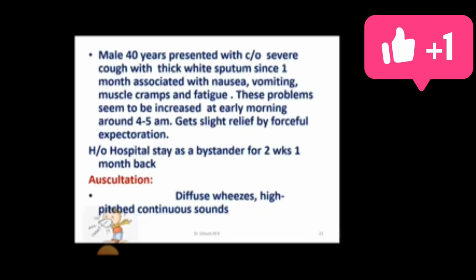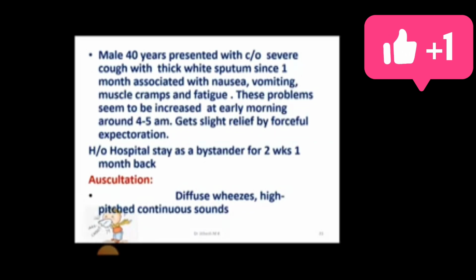A male, 40 years, presented with complaints of severe cough with thick white sputum since 1 month, associated with nausea, vomiting, muscle cramps, and fatigue. He will also tell the same thing: when I am getting up, the problems increase. Within half an hour or 1 hour, when I start my work, automatically the problem resolves.